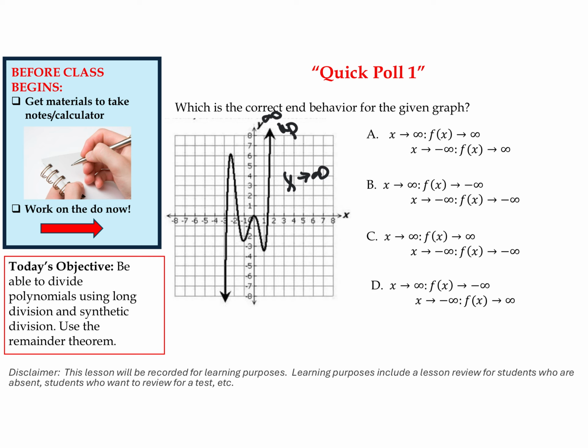So as x approaches infinity, f of x or y approaches infinity. On the left-hand side of the graph, we know this is x approaching negative infinity. And we look at the arrow, since it is pointing down, that is representing negative infinity.